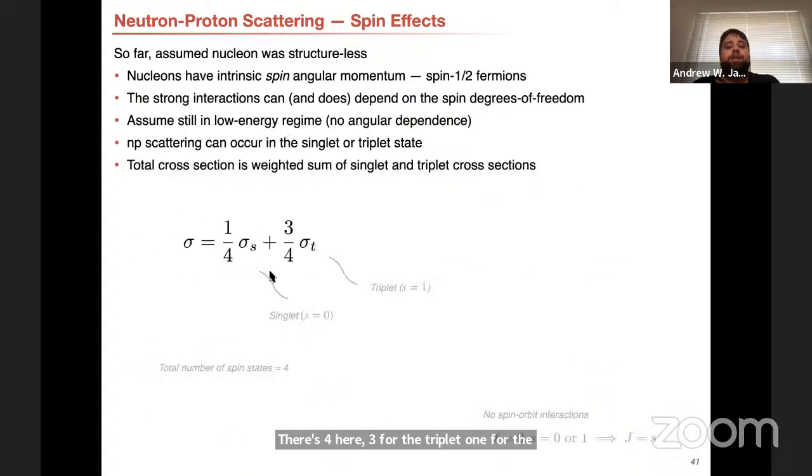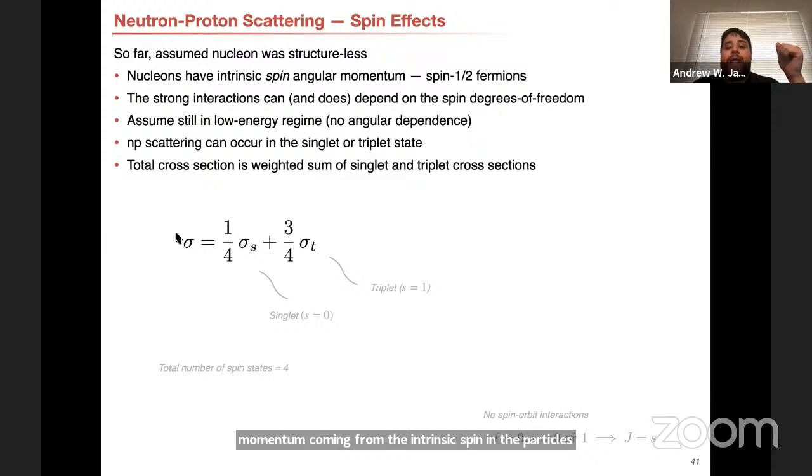So the total cross section will be the weighted sum of the singlet cross section. I'll use S here to denote spin singlet, and T here to denote the spin triplet. There's a total of 4 possible states, 1 in the singlet and 3 for the triplet. So even though we're dealing with no orbital angular momentum, we are dealing with an intrinsic angular momentum coming from the intrinsic spin of the particles.